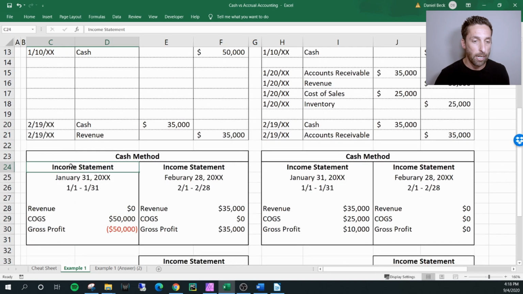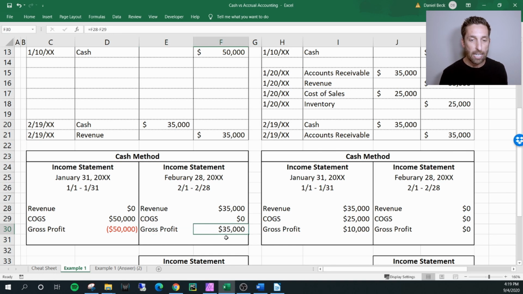So if we generated an income statement for January 1 to January 31st, it would show no revenue and $50,000 of cost, which brings a gross profit of negative $50,000. Now in February, if we generated a February income statement from Feb 1 to Feb 28, we would show revenue of $35,000, cost of goods of $0, and a gross profit of $35,000.